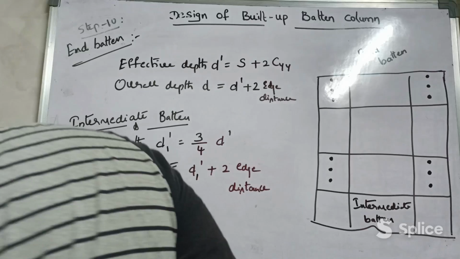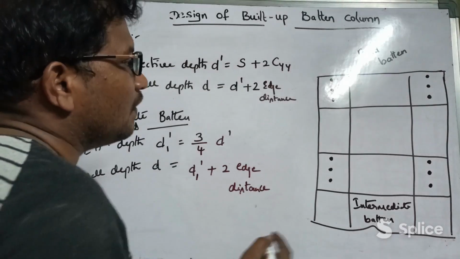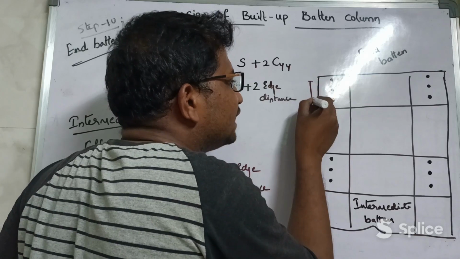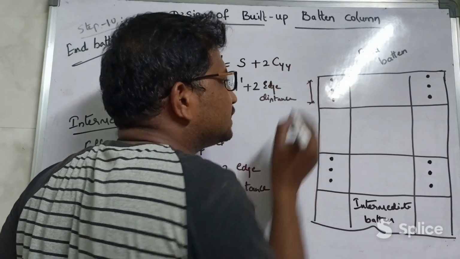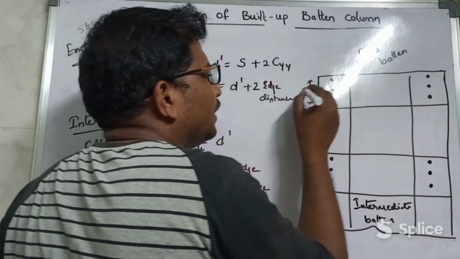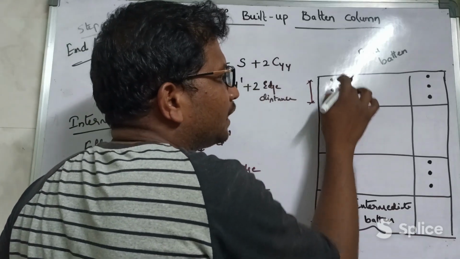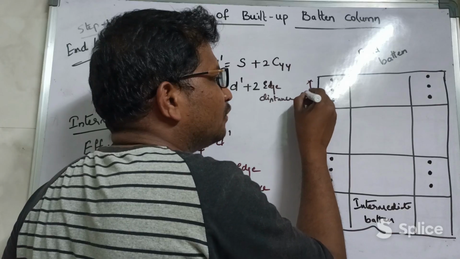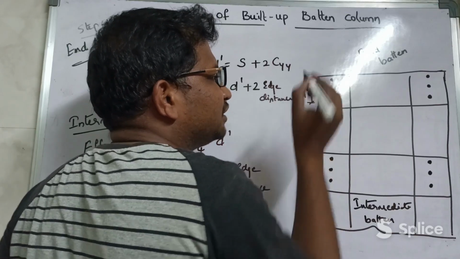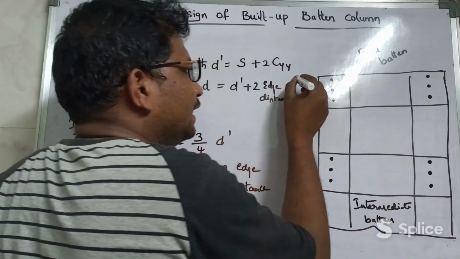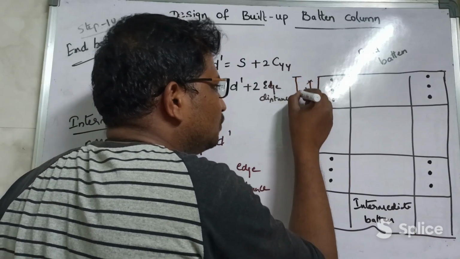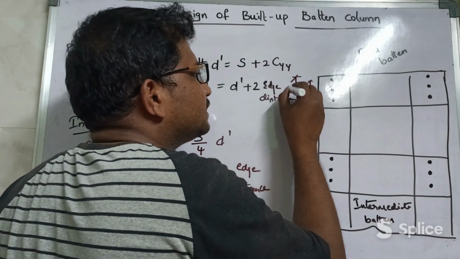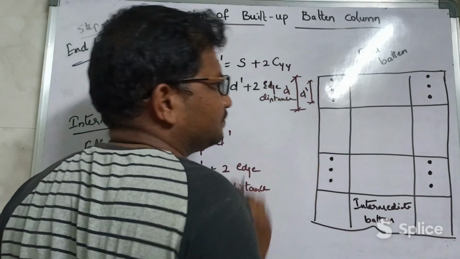If you consider this one, the distance between end of the rivets and this one, this can be effective depth of end batten. Effective depth of end batten, we can denote it as D dash. Okay, the overall depth means end to end. This is overall depth. This can be denoted by D.